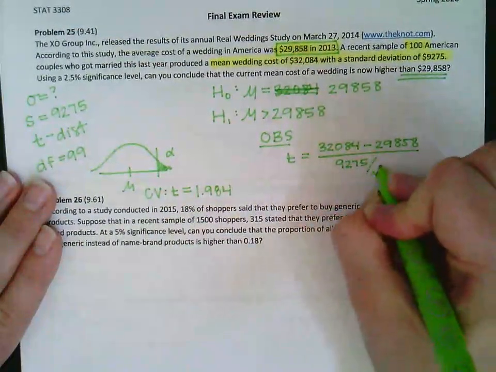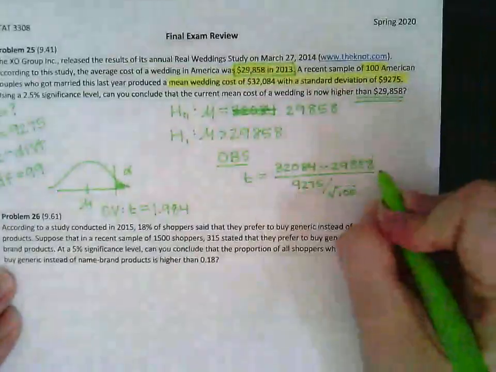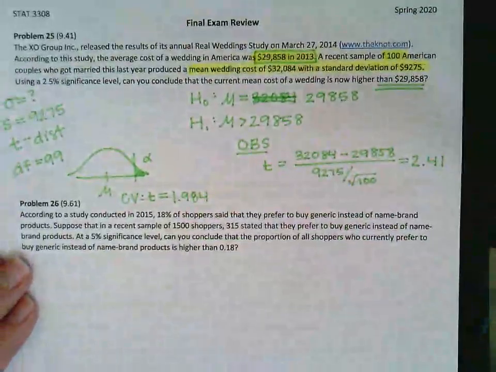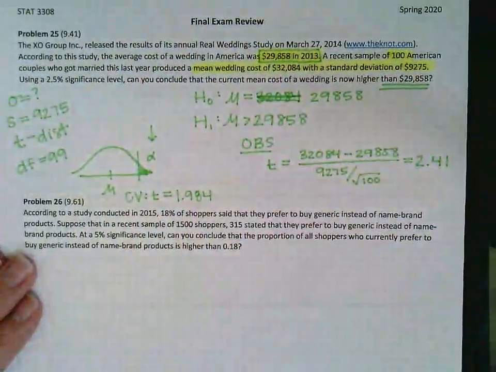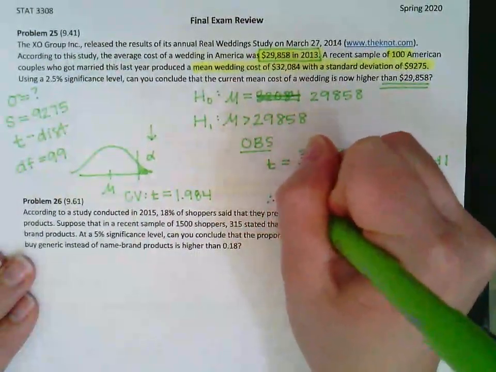So I need to divide this by the square root of n. And I get that that t-value is 2.41. That t-value is in our rejection region, and so I'm going to reject H0.